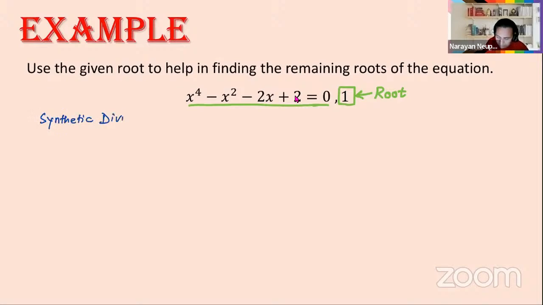We are performing the synthetic division with 1. For 4th degree, the coefficient is 1 because that is 1x to the 4th. We don't have x cubed, meaning we have 0x cubed. Then we have negative 1x squared, then negative 2x, and then we have a 2.